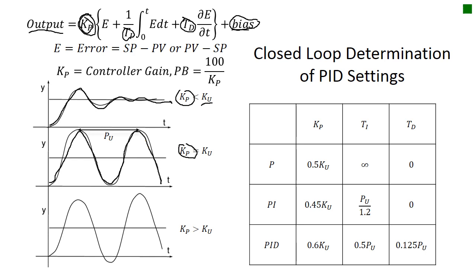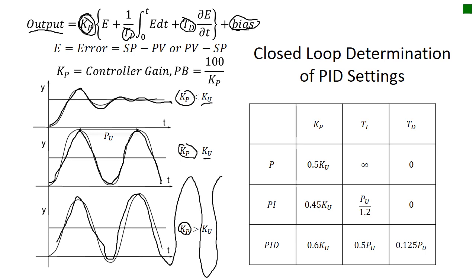At this point, the system is marginally unstable. If we increase the gain further from that point, where we're above the ultimate gain, then we'll start seeing oscillations that are actually increasing with time, and things can get very, very uncontrolled. So we're trying to avoid this scenario altogether.